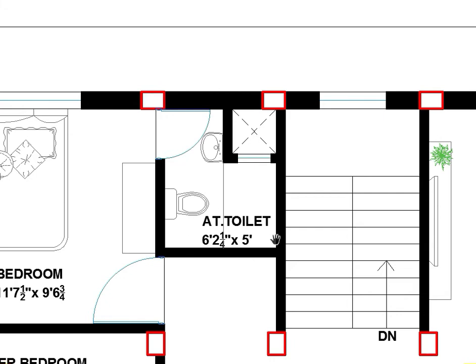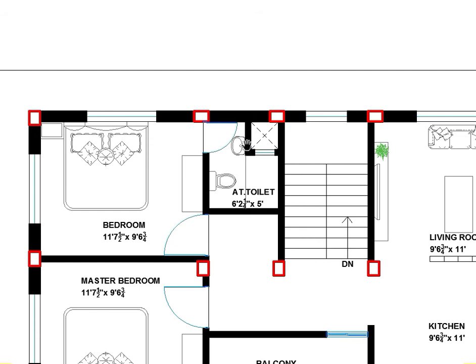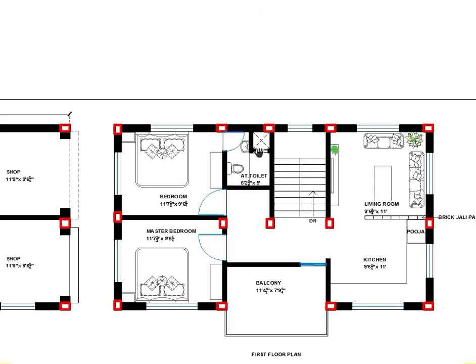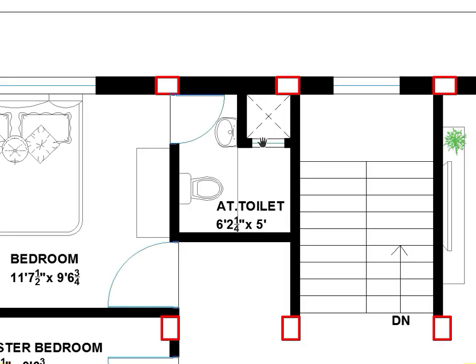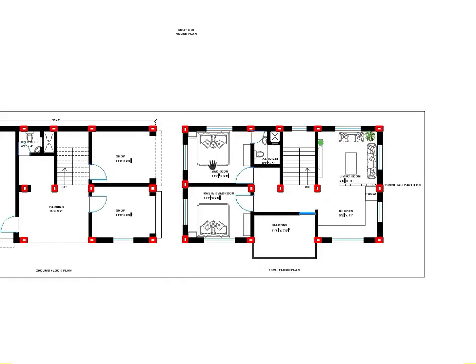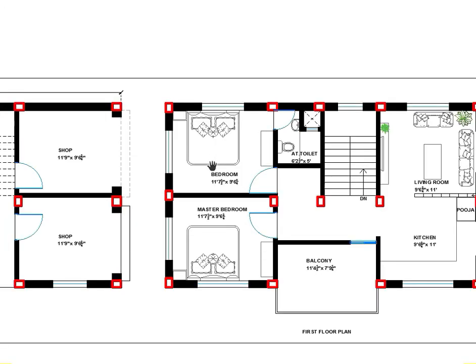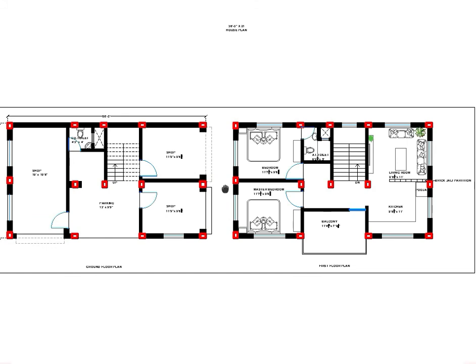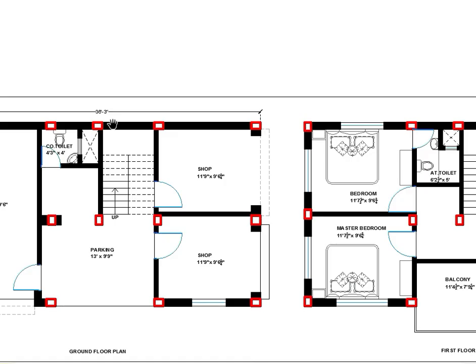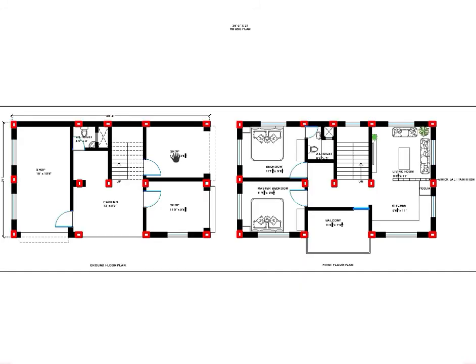It means horizontally here to here 6 feet 2, and here to here 5, including this OTS portion. And here we are providing ventilation for circulation. So here we are done with this 21 by 36 house plan.